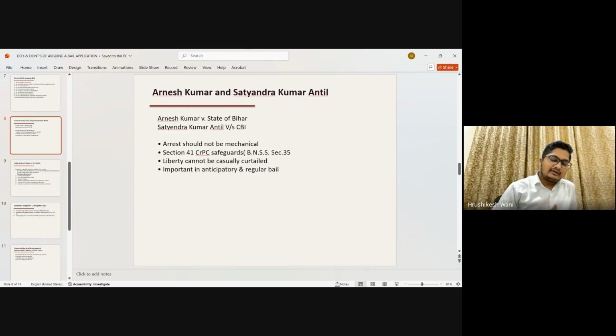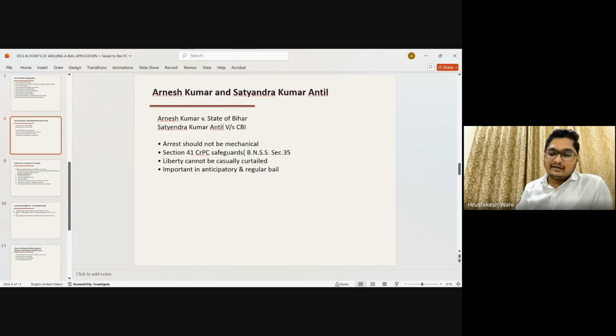So when such arguments come before you, you can state that the filing of the charge sheet means that the investigation is completed. If the investigation is completed, the statements of the complainant are recorded, they are before the court, then all the necessary evidence is before the court. In such circumstances, the major doubt in the mind of the court is that if the accused is released on bail, he can tamper with the evidence or pressurize the witnesses.